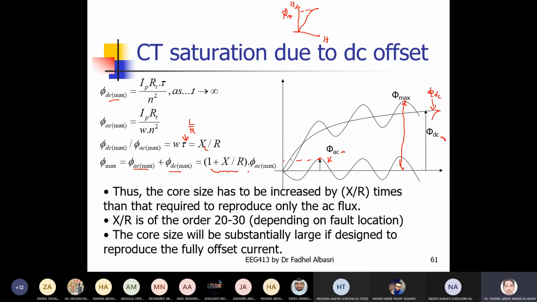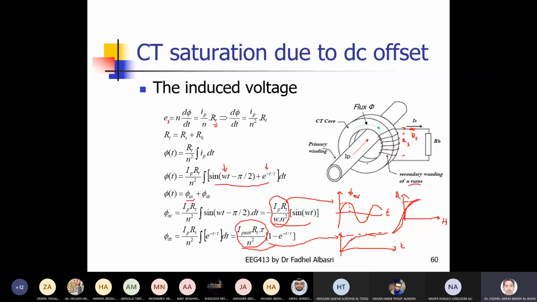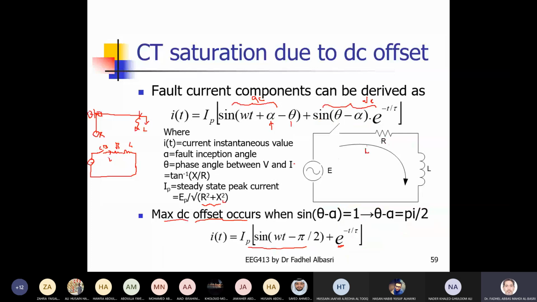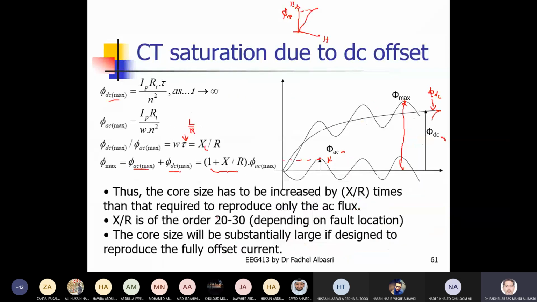Now, in order for a CT not to saturate, I have to choose my phi knee point such that phi maximum is equal to the sinusoidal AC RMS current times this ratio, which is 1 plus X over R. As a result, what is X over R? It depends on the system. For a high voltage system, this ratio could go up to 10. It also depends on the fault location.